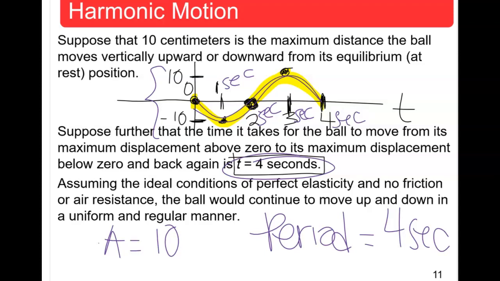So every second we had 1/4 of a full cycle. And so you could see me here dividing the cycle into 4 equal parts, and those happen every second, 1/4 of the cycle.